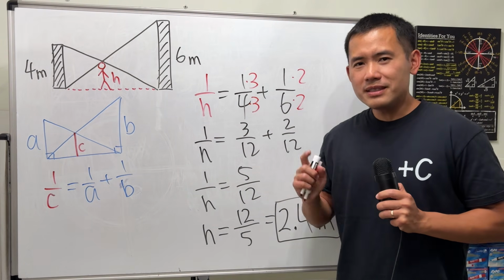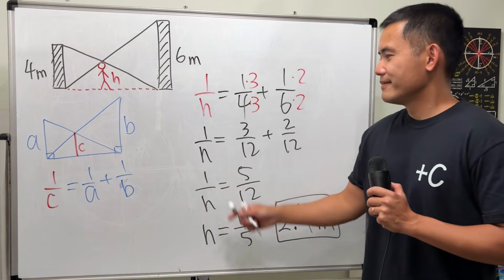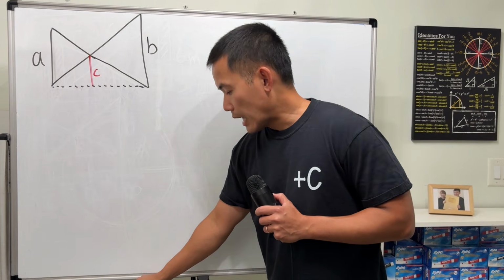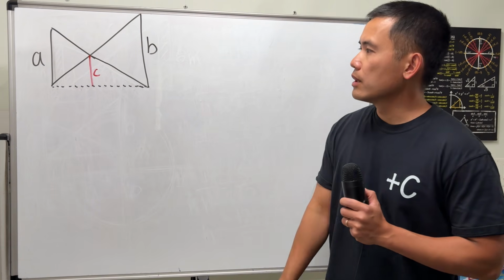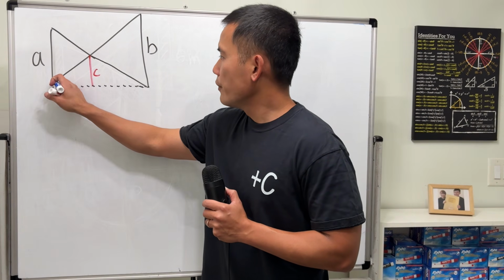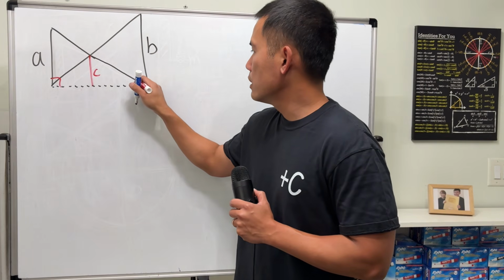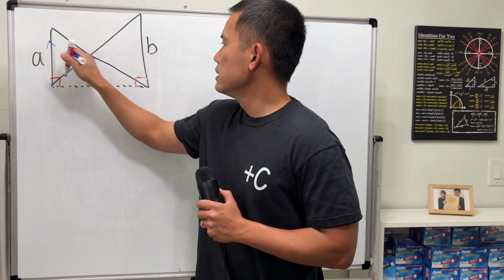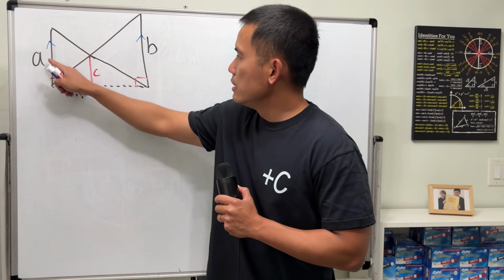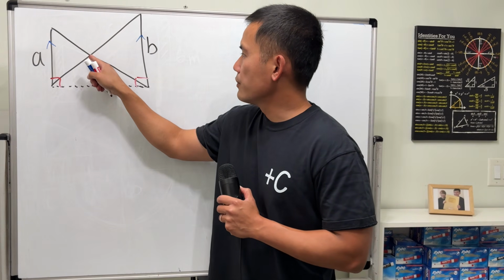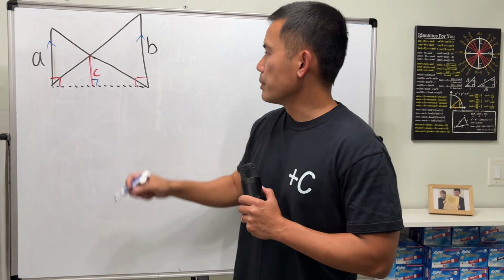But anyways, now let's take a look at the proof for that right here. So this is how we are going to do it. The key is to use similar triangles. Firstly, both of them are perpendicular to the floor, so you know that this is parallel to that. And you can see we have a triangle. And again, from here to here, that will also be perpendicular.